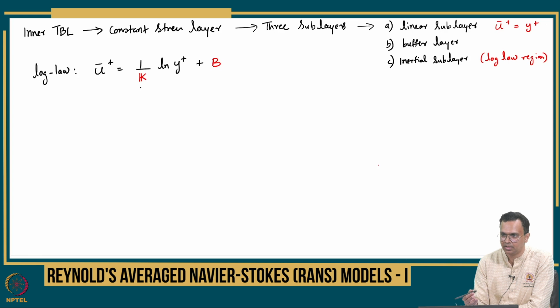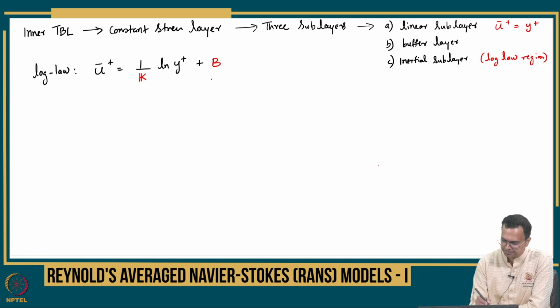You take data from many turbulent boundary layers, from pipe flow, channel flow, boundary layers, wherever you have a smooth surface, a flat plate boundary layer, and then you fit, and you get an empirical relation.